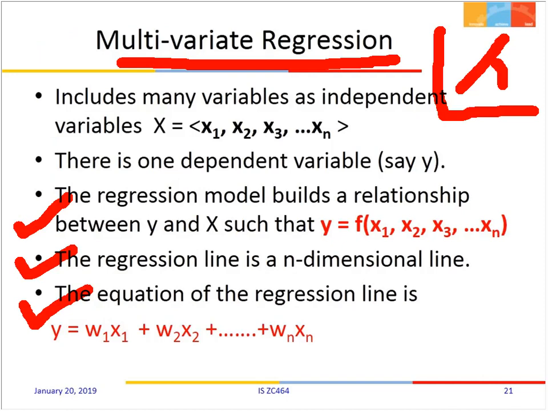So yeah, we were talking about this multivariate regression line. It is W1x1 plus W2x2 plus and so on. You can write it in the same form as we were writing it in the simple two-dimensional line.